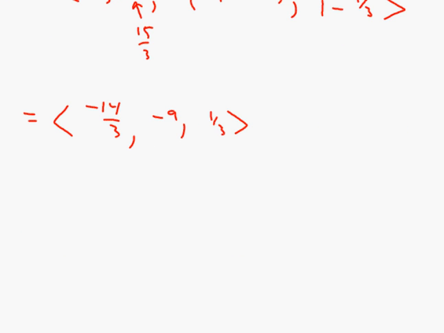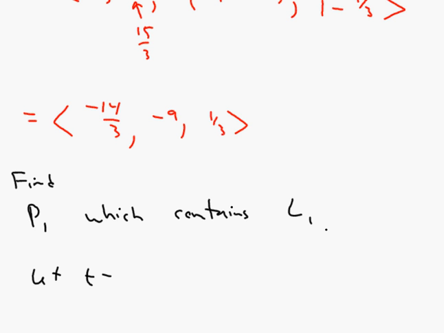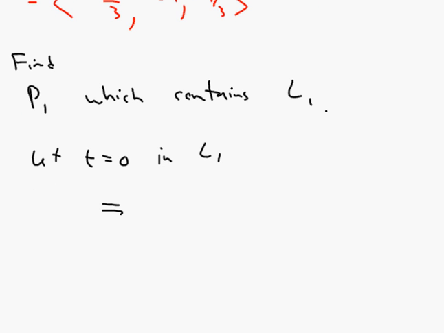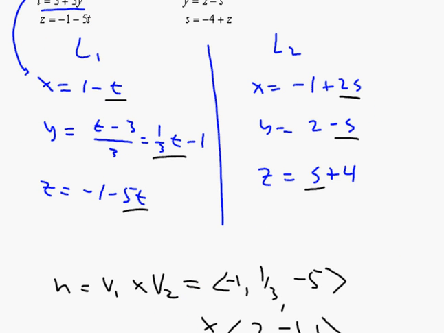Let's find plane 1, which contains line 1. So let's let t equal 0 in line 1, and that implies, what's the point we get? Let's go back and look. We plug t equals 0 in here.